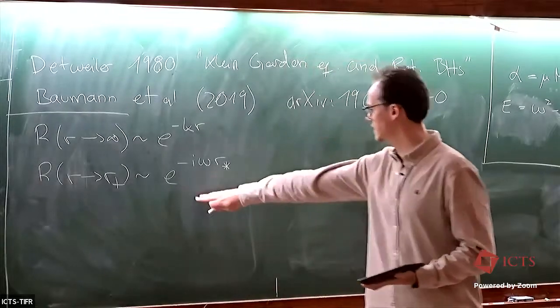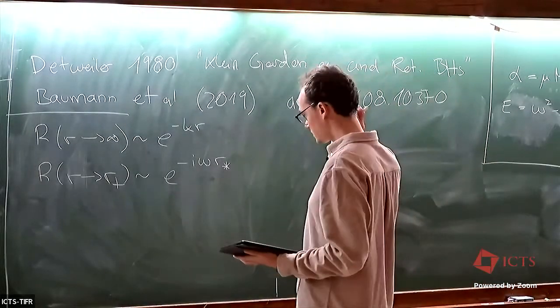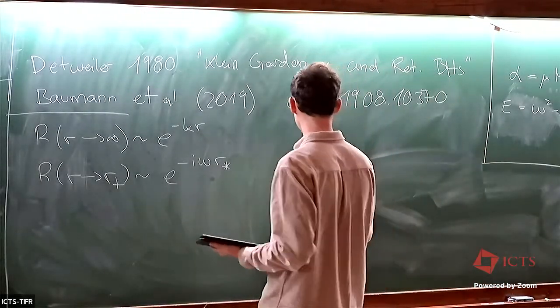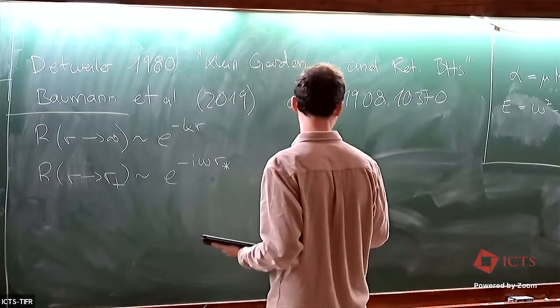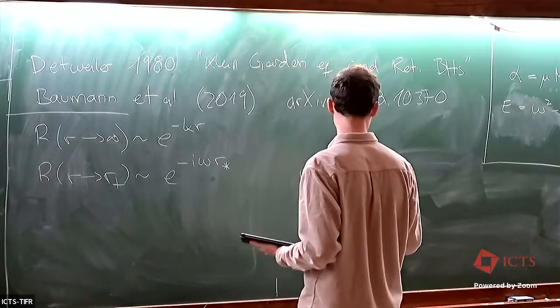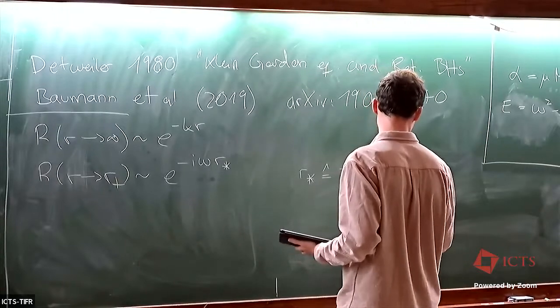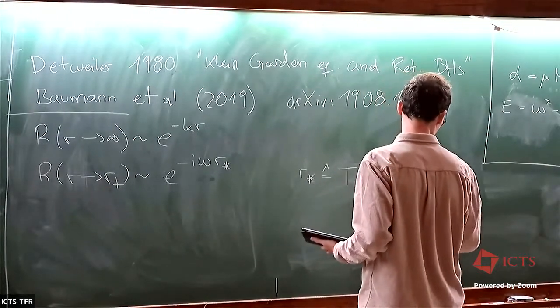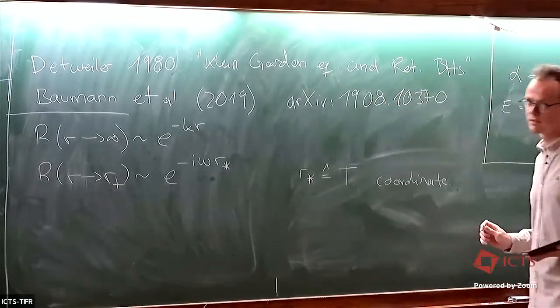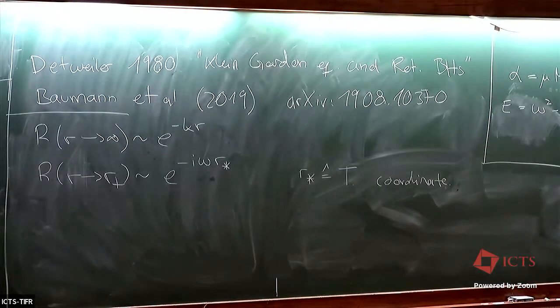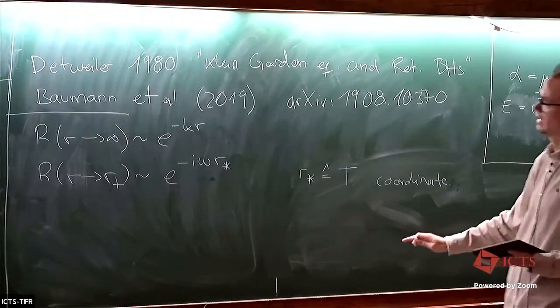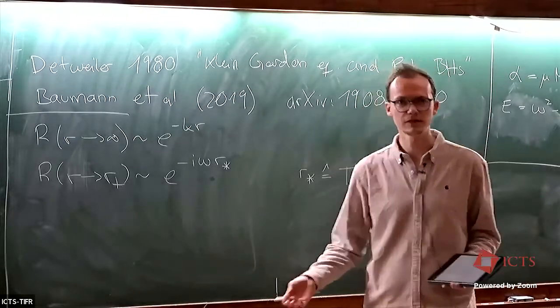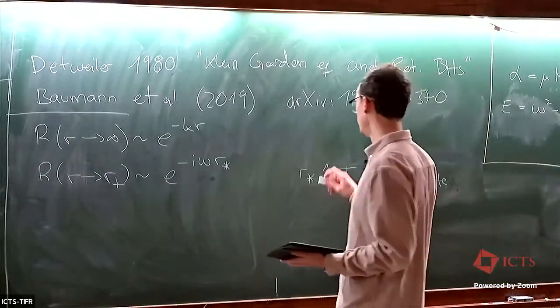Right, so at the horizon, the boundary condition looks something like this. So what is r star? R star is the tortoise coordinate that you probably know from Schwarzschild. In Kerr, the definition is slightly different, but the idea is the same.